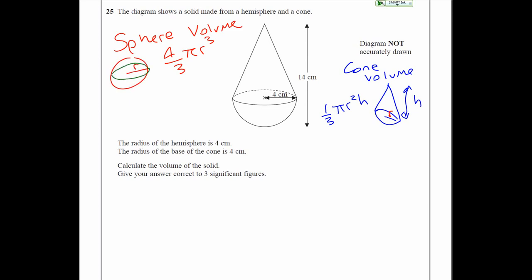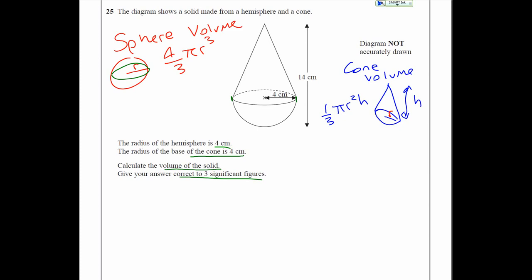Looks like a circle, but it is a sphere, believe me. So the radius of a hemisphere is 4. The radius of a base of a cone is also 4 because it's shared. Calculate the volume of the solid. Give your answer correct to 3 significant figures. So we're going to be putting it into our calculator and getting a decimal answer.